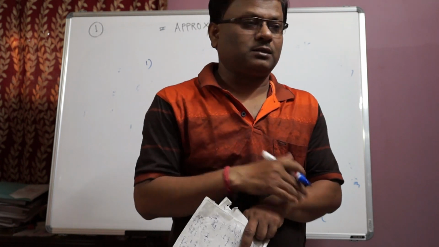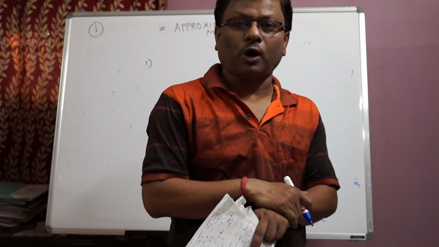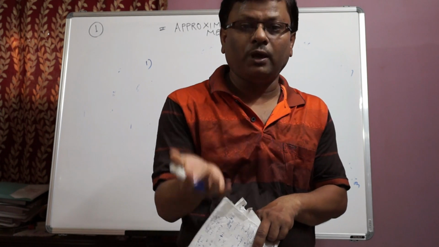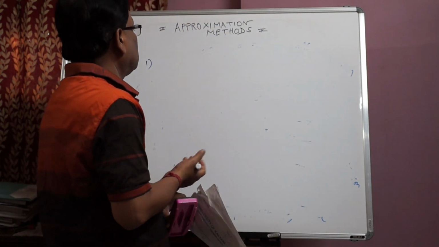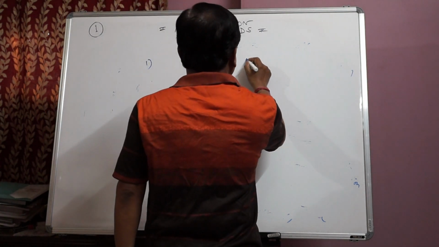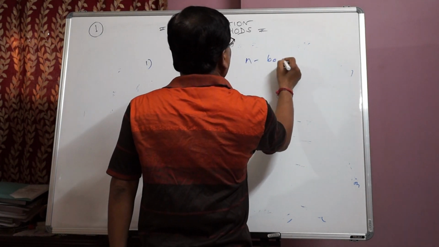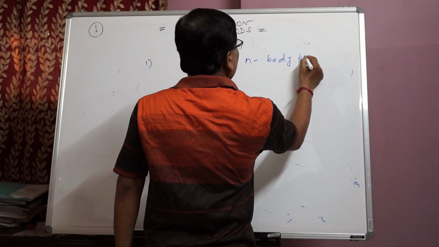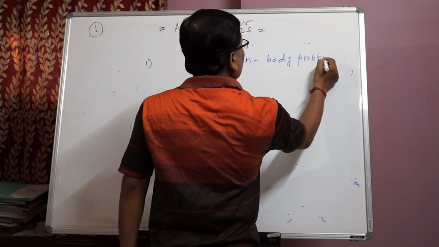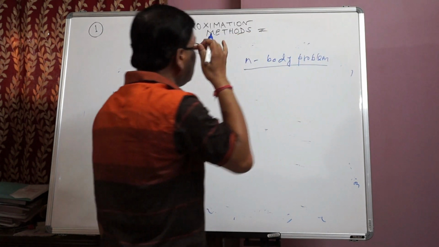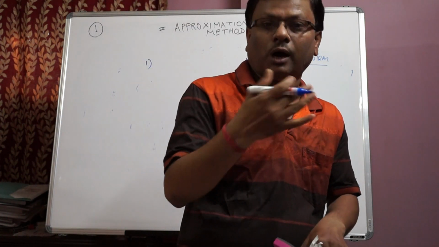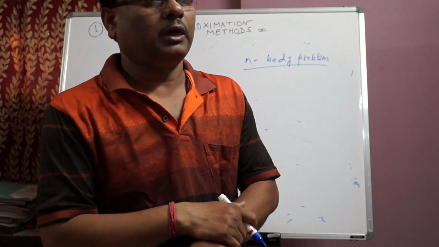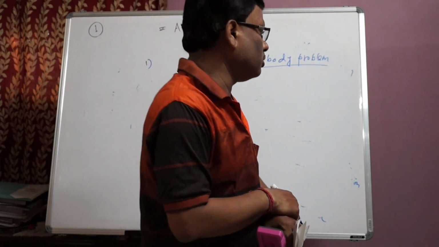So in that case, the motion of Earth becomes a many-body problem, which is popularly known as the n-body problem.